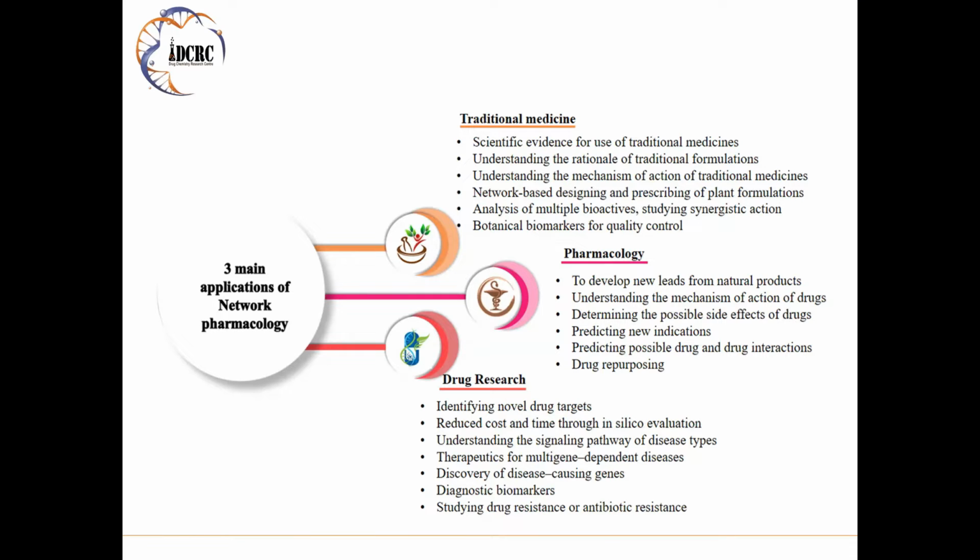Then the lead: when we optimize the PK/PD or the side effect and the effect of that hit compound, that compound is known as the lead compound. So network pharmacology can help us find those lead compounds as well.